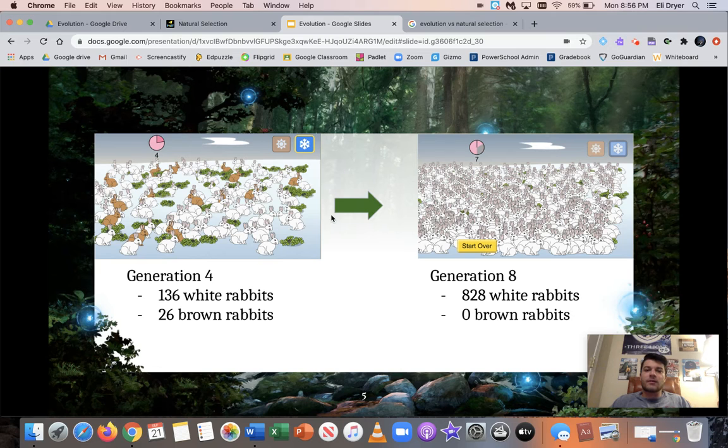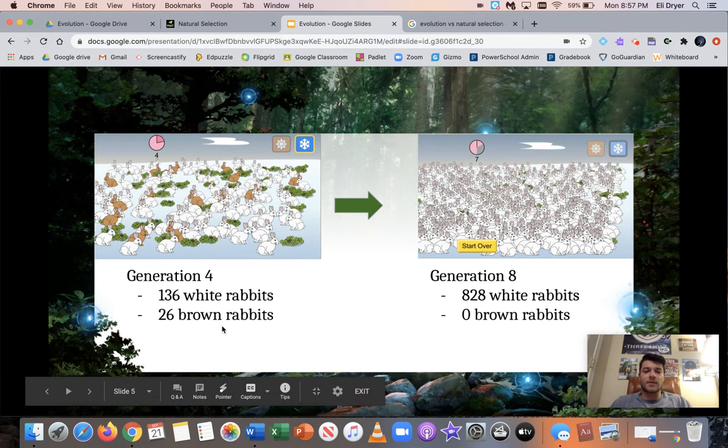What we're going for here is the fact that, like in the brown environment, the brown rabbits blended in. When we change the environment to snow, the white rabbits blend in. So now the brown rabbits stick out. In generation 4, we had 136 white rabbits and 26 brown rabbits.